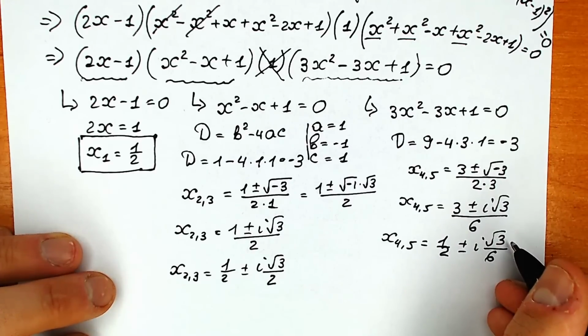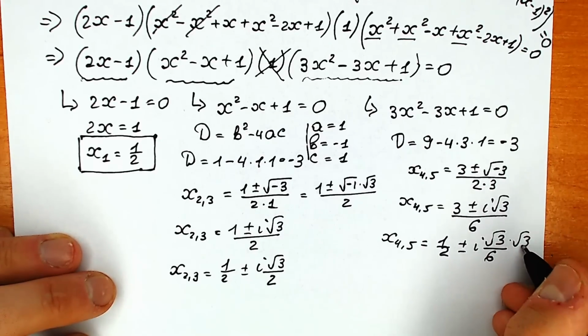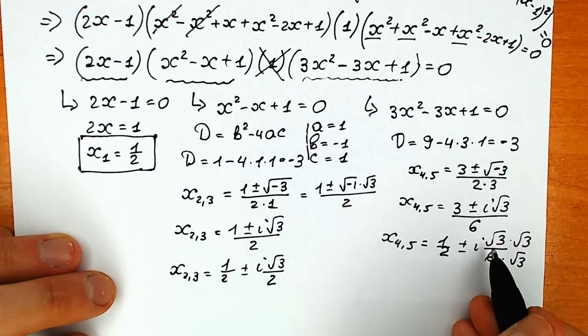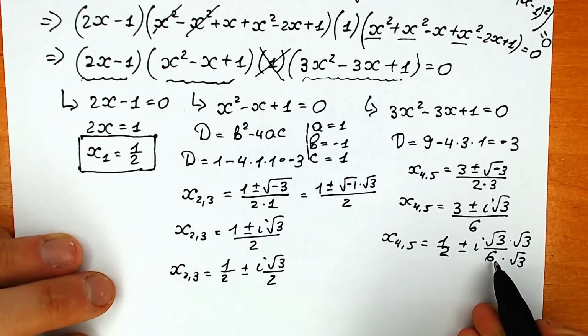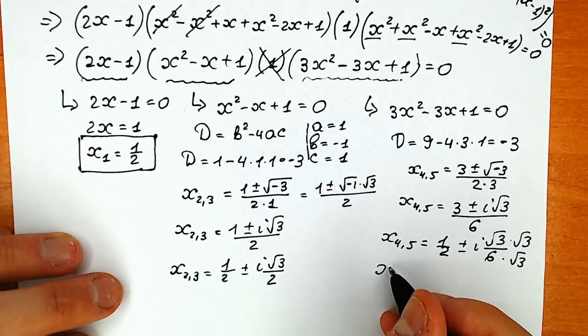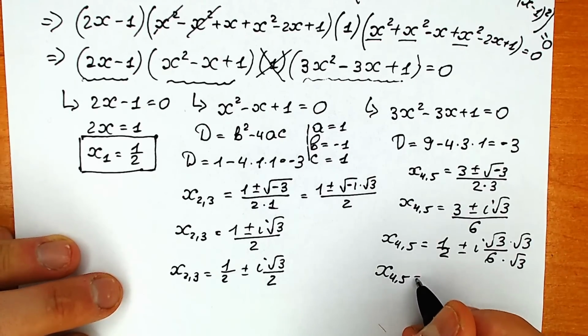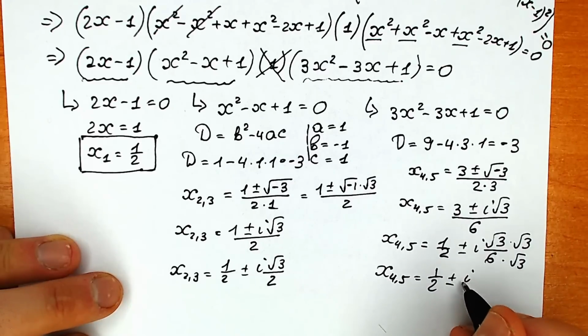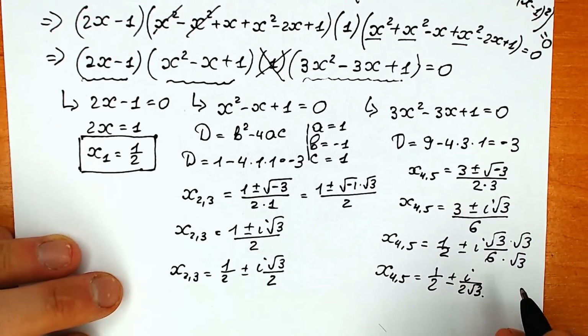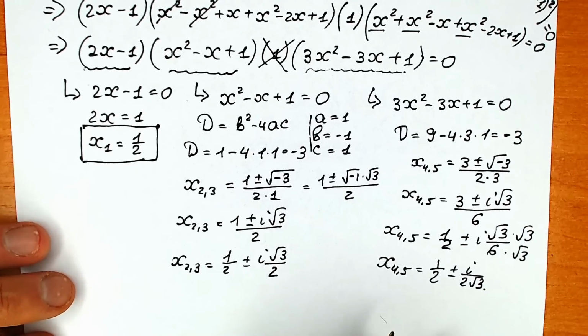As a result in our numerator we have 3, which cancels with this 6. So as a result we have only i in our numerator and 2 times square root of 3 in our denominator. So x fourth and fifth equal to 1/2 plus minus i over 2 square root of 3. And these are all our solutions, all roots.